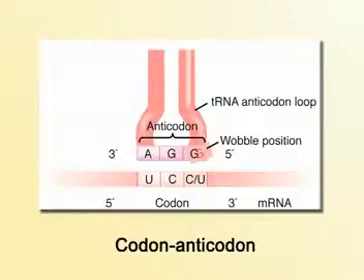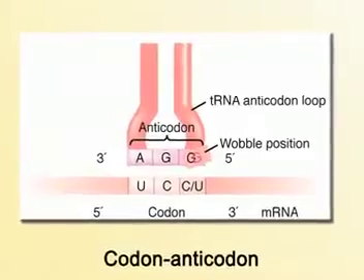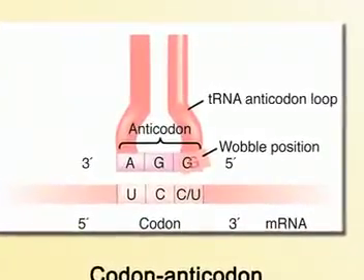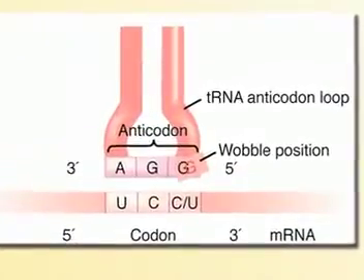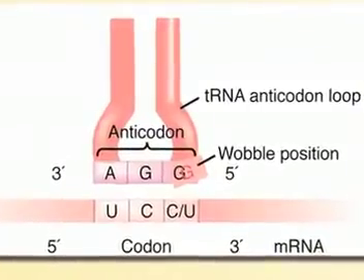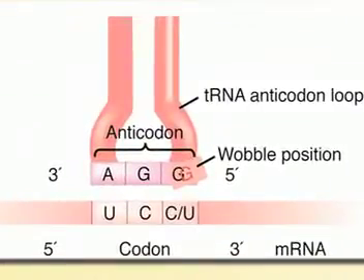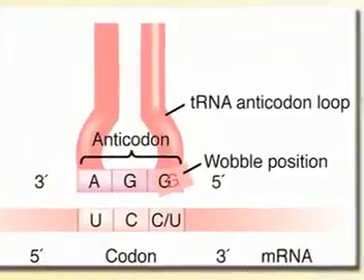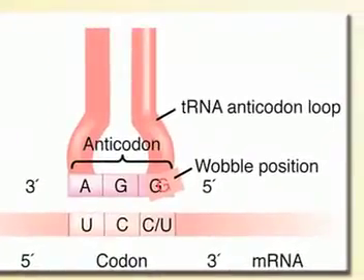The wobble or third base of the codon contributes to specificity because it pairs loosely with its corresponding base in the anticodon. It permits rapid dissociation of the tRNA from its codon during protein synthesis.